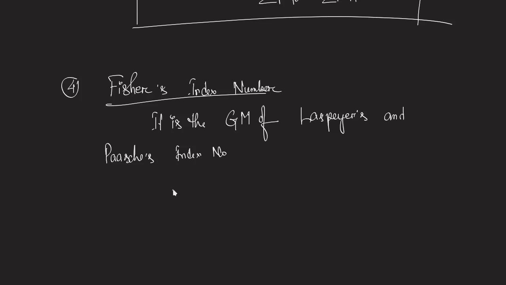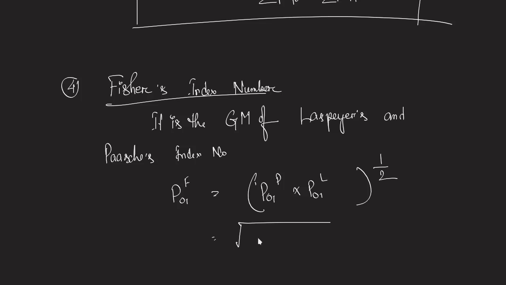If we calculate Fisher's P01, that is the geometric mean of two things. That means P01 Paasche into P01 Laspeyres to the power half, or in other words you can write root over P01 Paasche into P01 Laspeyres. So let's simplify this.